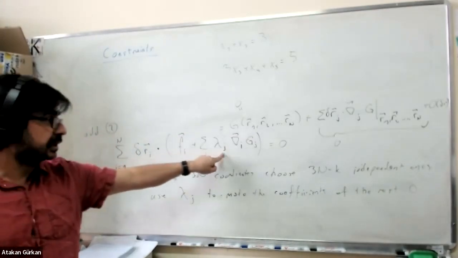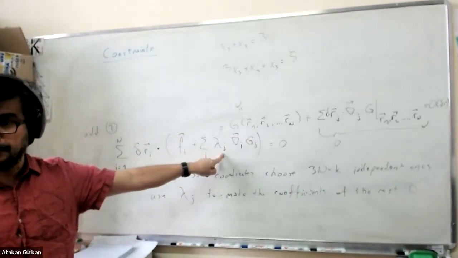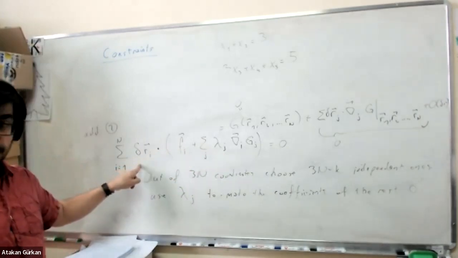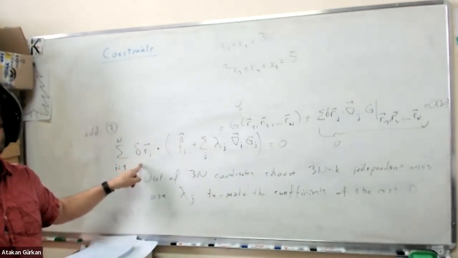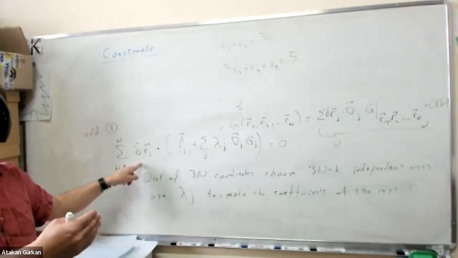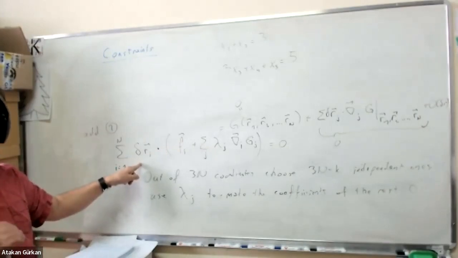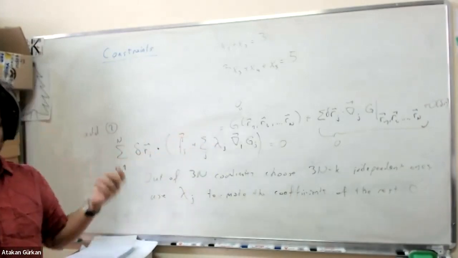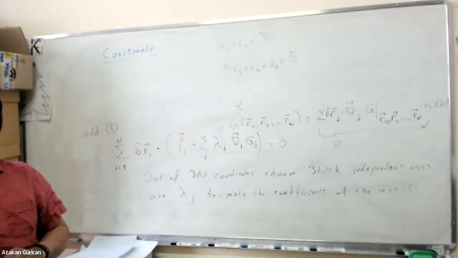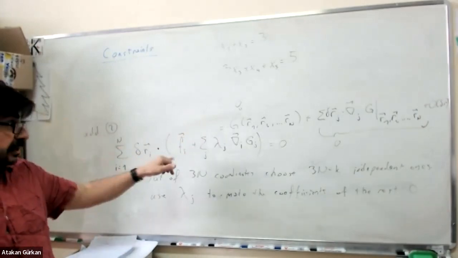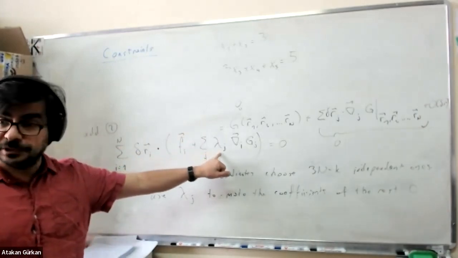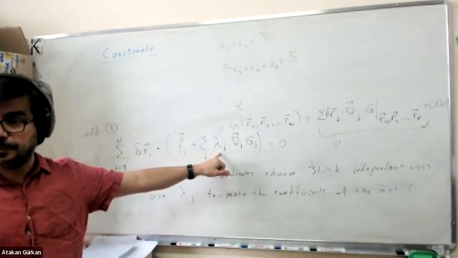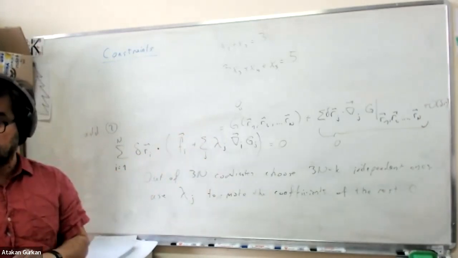We are going to use this lambda j to make sure that the coefficients of the dependent ones, so we chose some independent ones and some are left out, the left out ones, their coefficients will be identically 0. I can always do this because there are j equations, there are k coordinates left, and I have k coefficients here. I can always choose this to make all the coefficients identically 0.